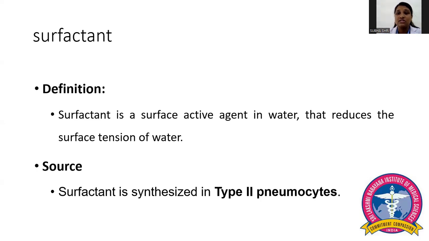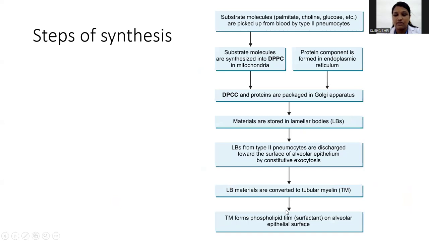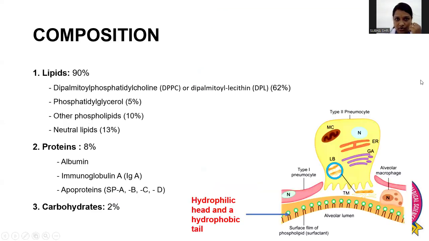Okay, so what is the source of surfactant? So surfactant in our alveoli is synthesized from type 2 pneumocytes. So what are type 2 pneumocytes? When you see this picture, this is the alveoli. Okay, so this is the alveolar membrane.